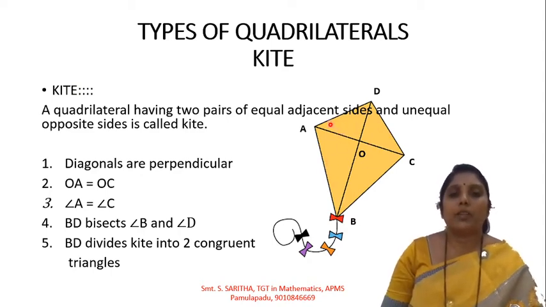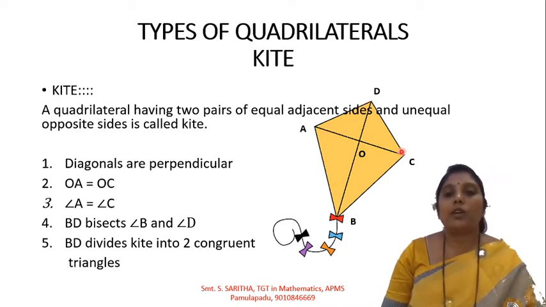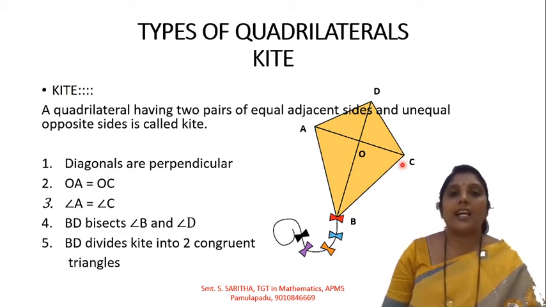Next, speaking about the properties of kite. In a kite, the two diagonals are perpendicular to each other. Also, the second property is OA is equal to OC. Also in a kite, angle A and angle C are equal. And the diagonal BD bisects angle D and angle B. That means it divides the angle into two equal angles.